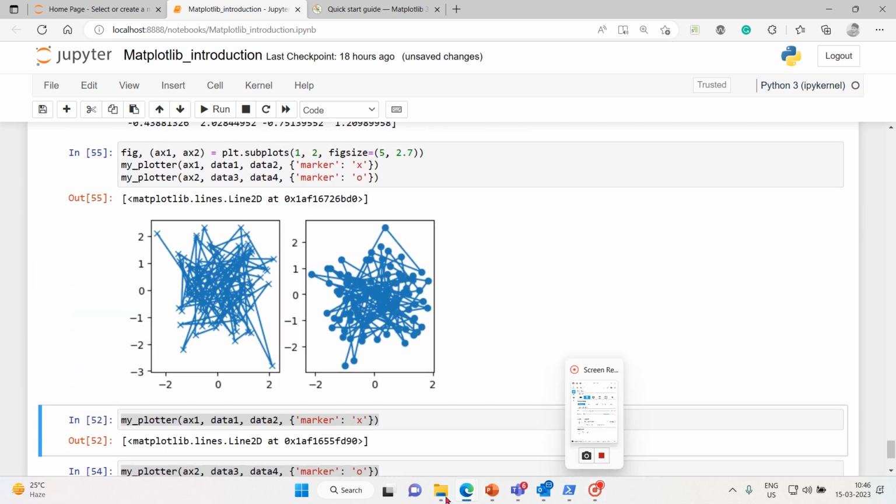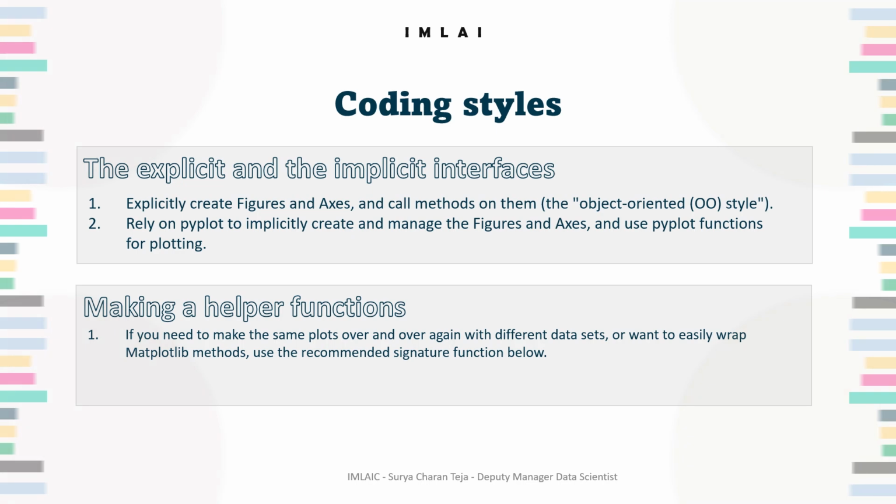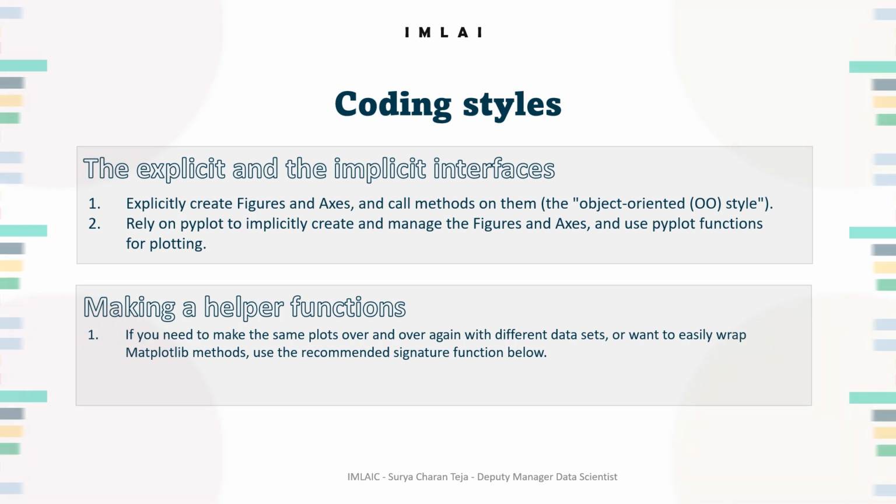So that's what making a helper function is. Note that if you want to install these as a Python package or do any other customizations, you can do that after creating your modules of graphs.